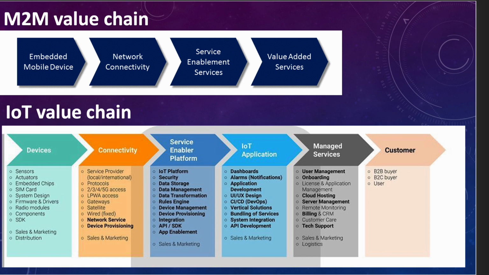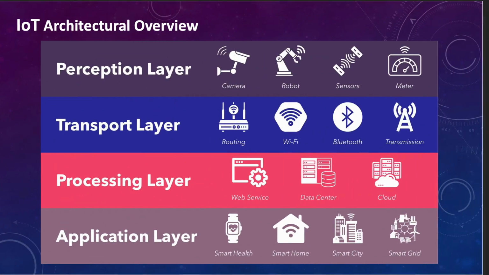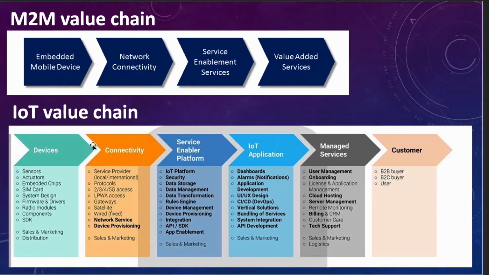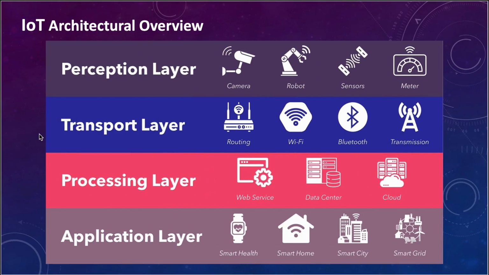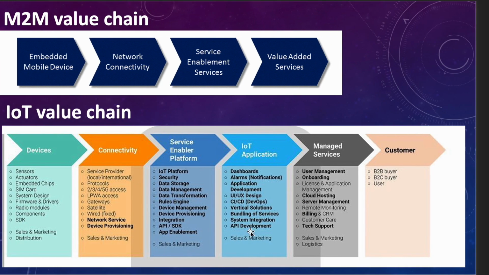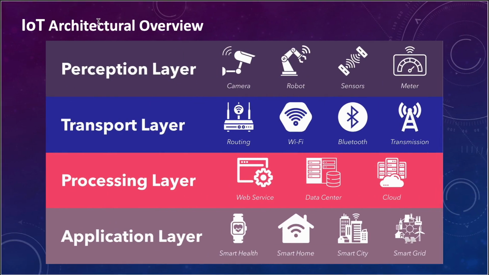So now you have an understanding of IoT and the IoT environment. So we just need to go through the subcategories of this value chain themselves. We are just taking apart these value chain components.